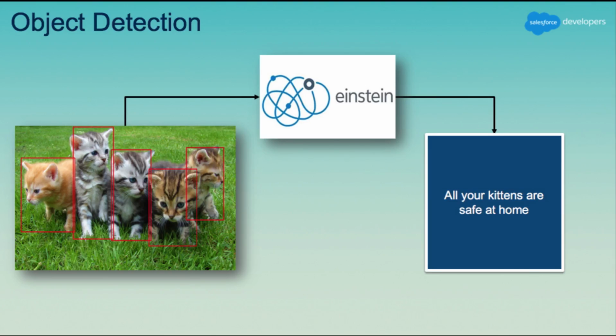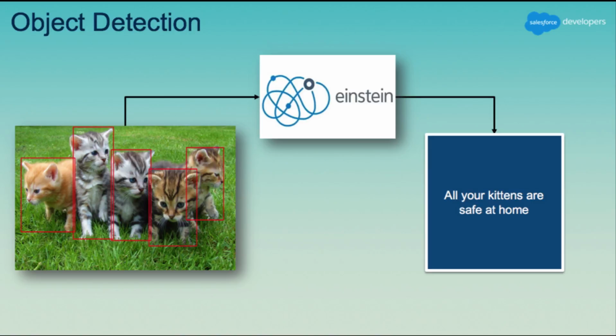Moving on to object detection, I just tried to keep it a little interesting here. I love cats. So say for example you want to build a small app which can give you a notification to ensure that all the kittens in your house are safe. You can use the object detection APIs and build a model to distinctly identify how many cats are there in the image and accordingly send you a notification if one of them goes missing, right?